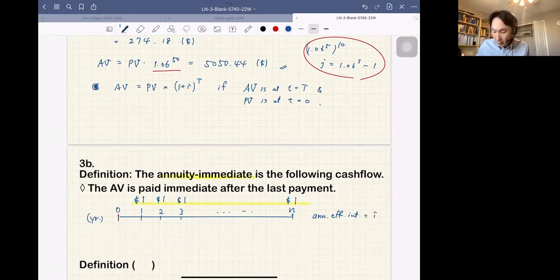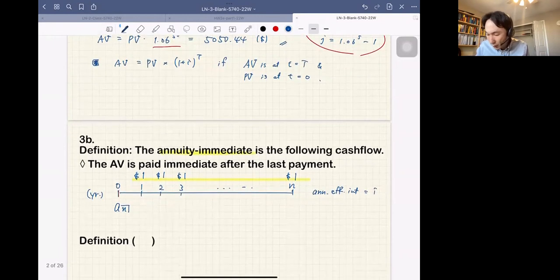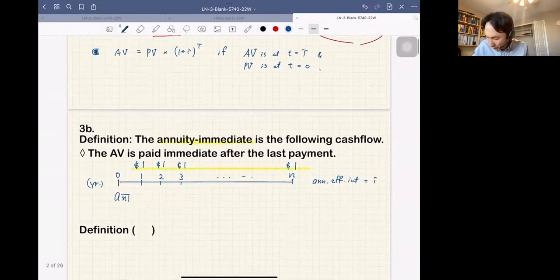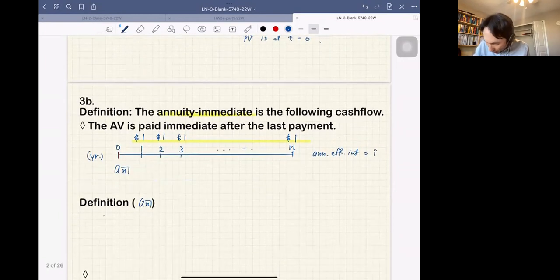We define the symbol a angle n, like this. This is the present value of this cash flow. The definition: a angle n is the present value of annuity immediate.